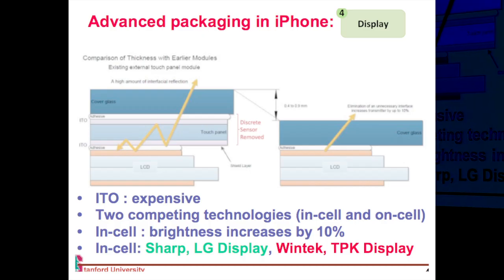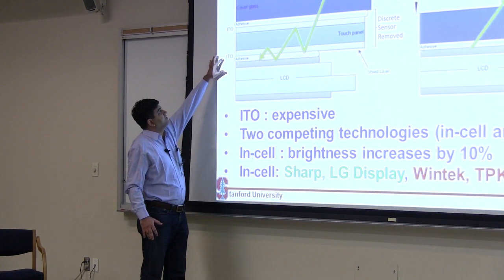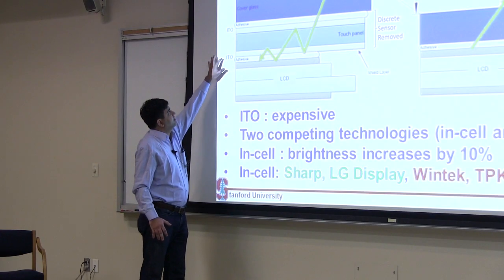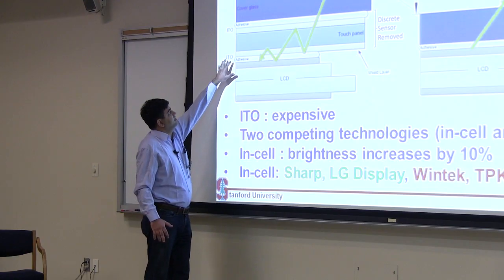And what's happened in the field of display is that all these touch devices, you have your LCD panel at the bottom, and then you have a touch screen, which used to be a separate part. How this touch screen was made was an intersection of two conducting electrodes. These are called transparent conducting electrodes, and they are made of material like ITO, which stands for indium tin oxide, or material like zinc oxide.